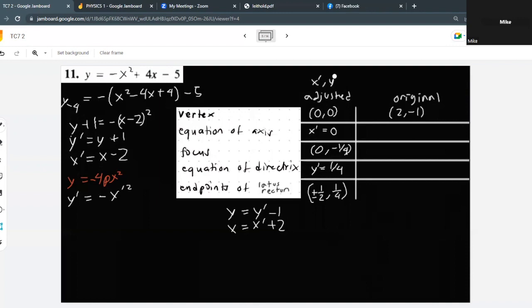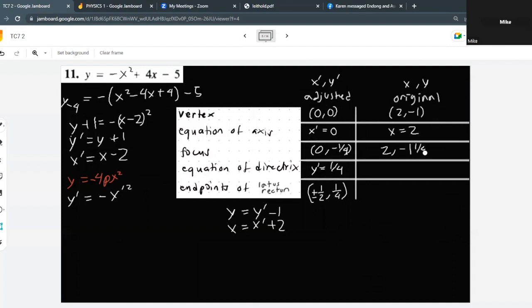Kasi yung ginagawa niya sa first column, panay in terms of yung coordinates na x prime, y prime. So, in those coordinates, di ba, 0, 0 yung vertex. Yung equation of the axis is still x prime equals 0. The focus is 0 and negative 1/4. The directrix is y prime equals 1/4.